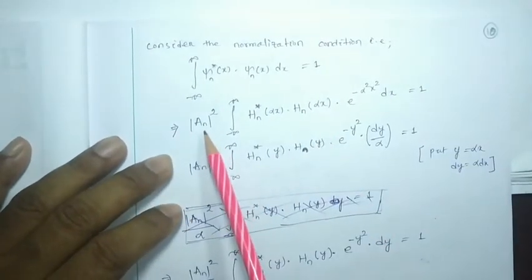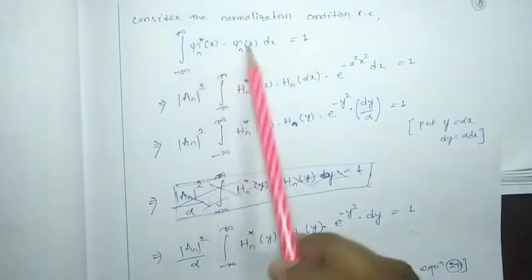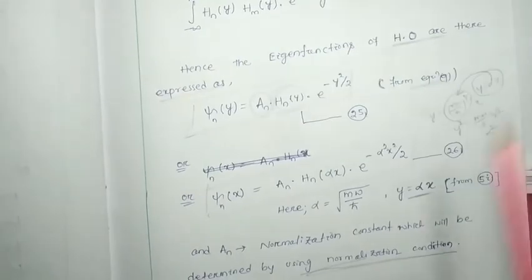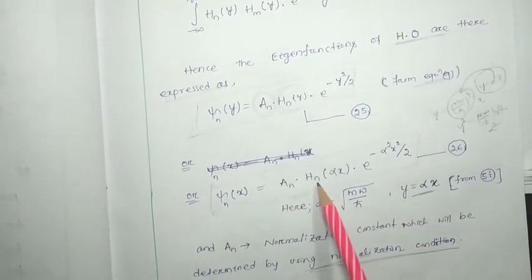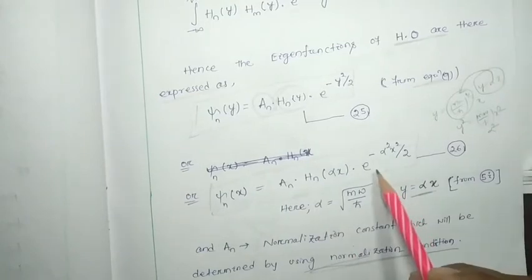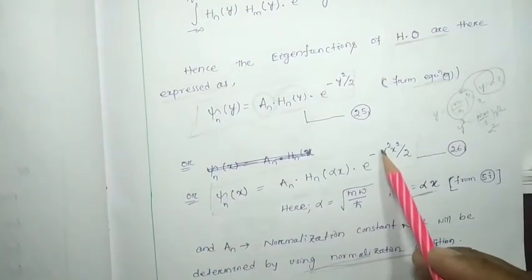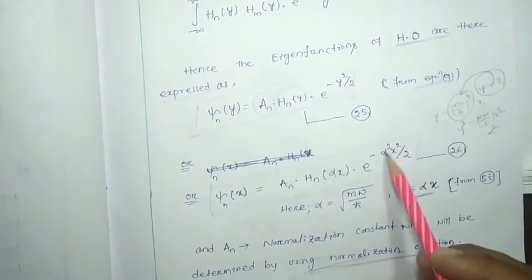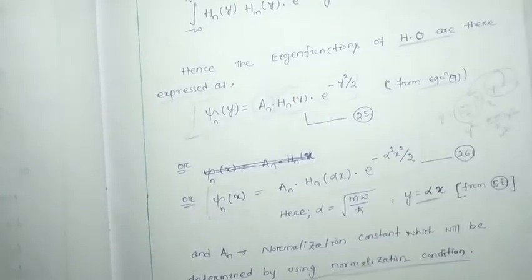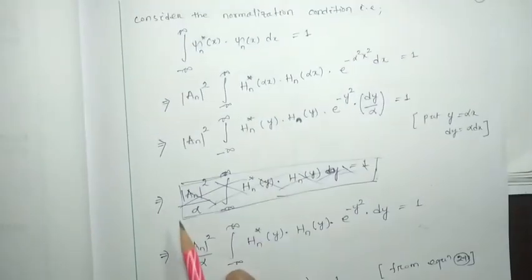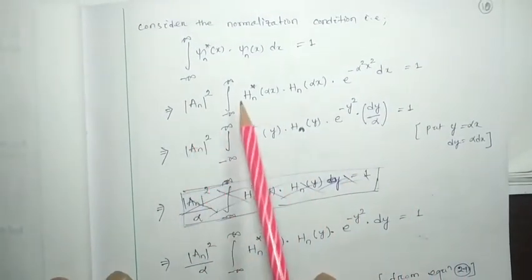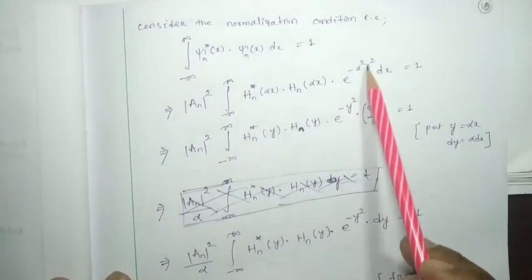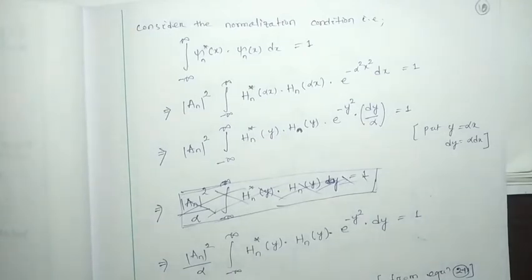Putting psi n star and psi n from equation number 26, it will be mod An square Hn star alpha x, Hn alpha x into e to the power minus alpha square x square dx equal to 1.